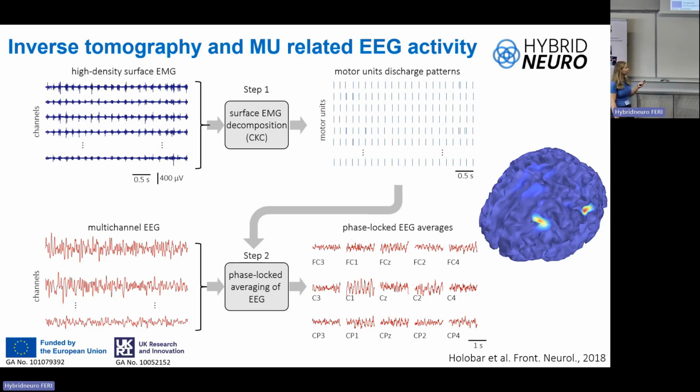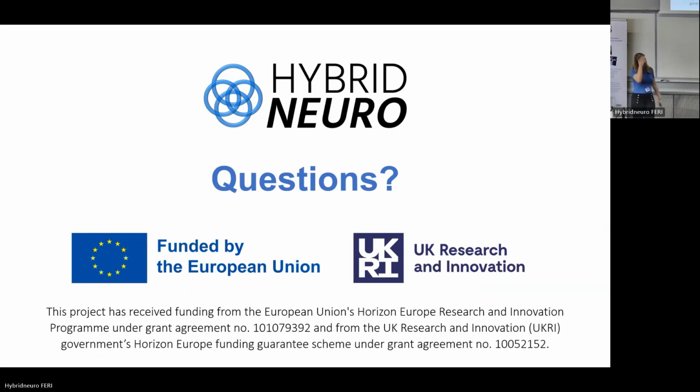So we got those phase-locked EEG averages that we can then see on this brain model. And we can then clearly see the source of the tremor. That would be it for my presentation.